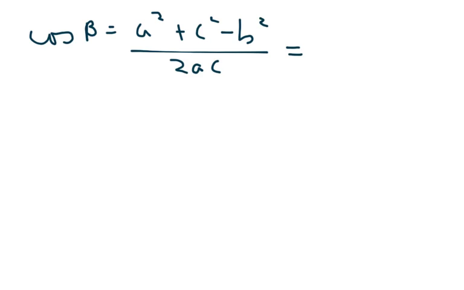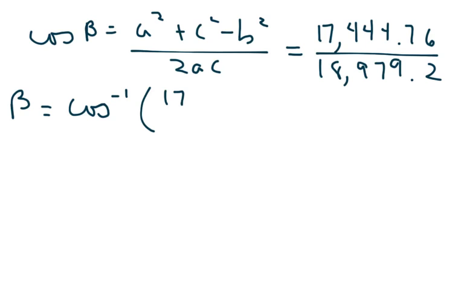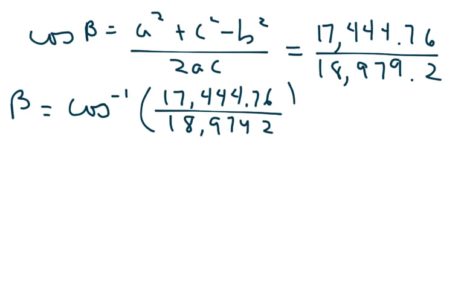And after you use the calculator, you're going to get 17,444.76 over 18,979.2. Then you're going to take the inverse of that, so cosine inverse to get your beta of this amount. Again, plug in the values and make sure you get the same thing I did.